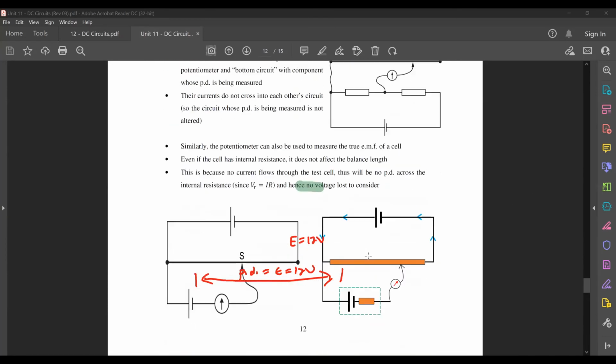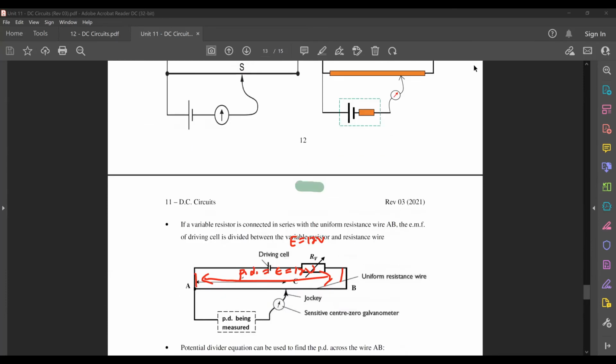Now, the moment you go and add another variable resistance to your circuit, your EMF will be divided between the resistor and the resistance wire. So if before this, I told you that your EMF here, E, was 12 volts, this entire length is no longer going to be 12 volts because now you have another resistor inside here, right?